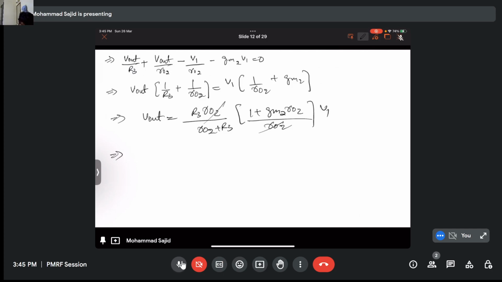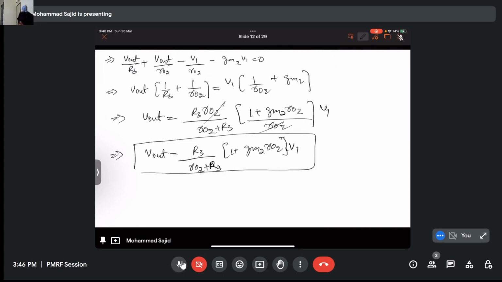So my V output is equivalent to R3 RO2 divided by RO2 plus R3, times 1 plus GM2 RO2, times V1. This is my V output in terms of V1. Now what next? We have to calculate V1.